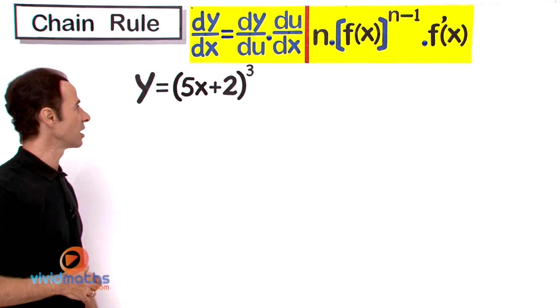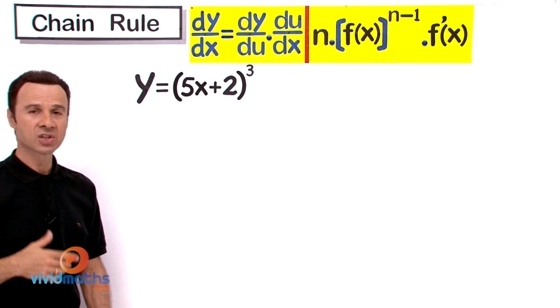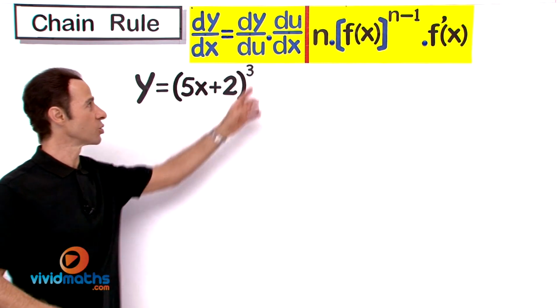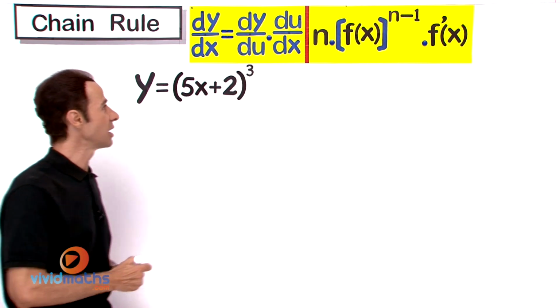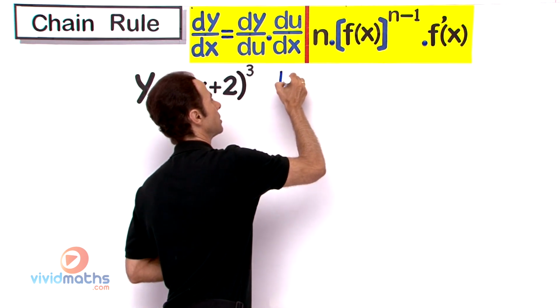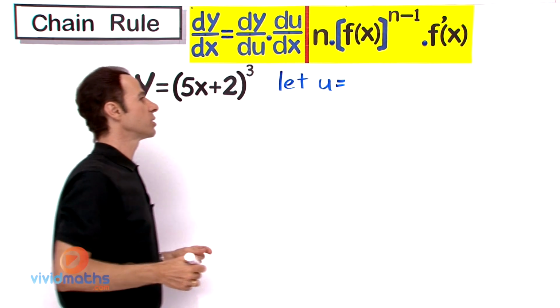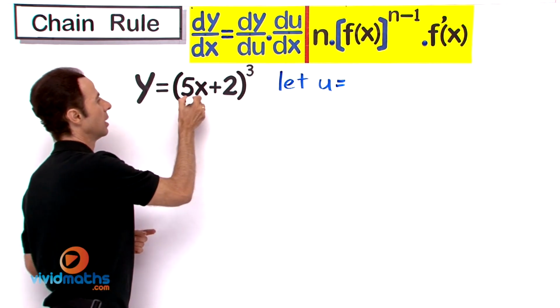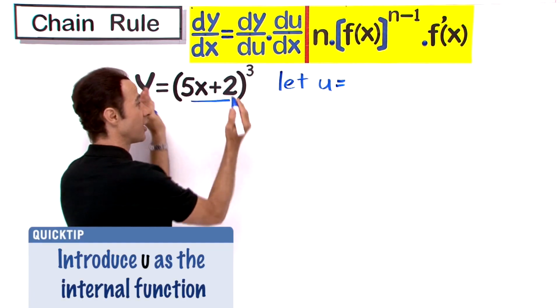So let me just get stuck into this and break it up into its two components. The first thing I want to do is just introduce the letter u. As you saw up here, we have the letter u. So we're going to let u equal something. Well, what does u equal? Let's let u equal that inside part of the function, so we've decomposed it to the inside part.